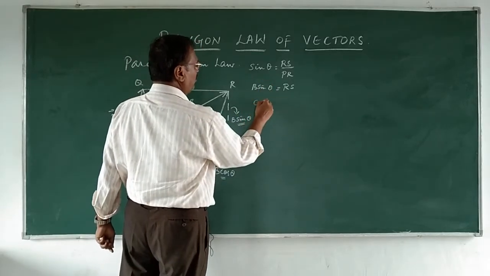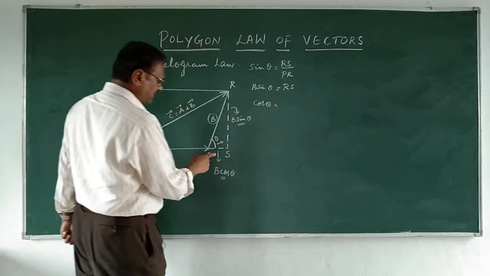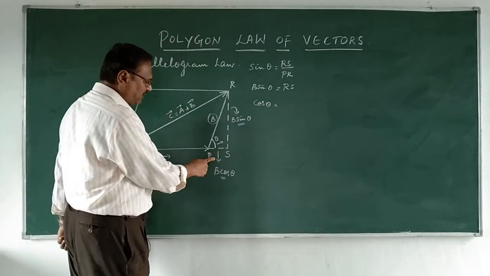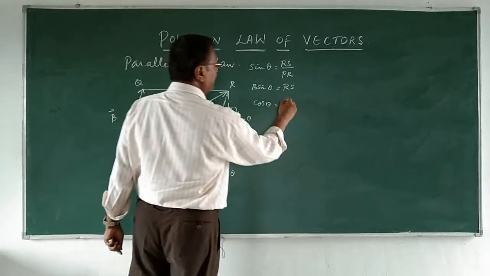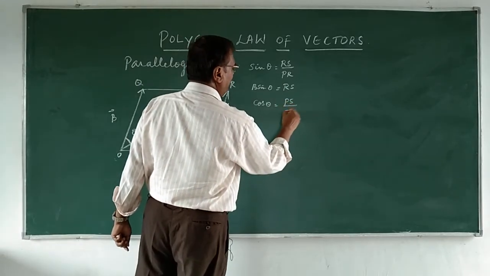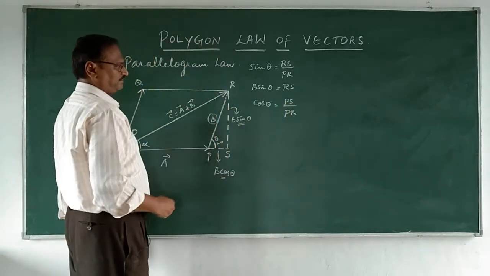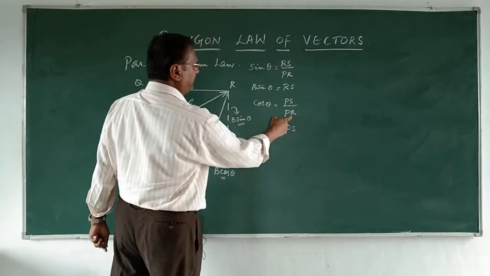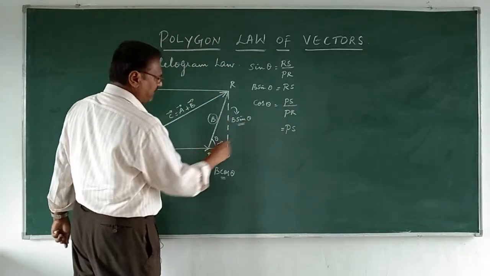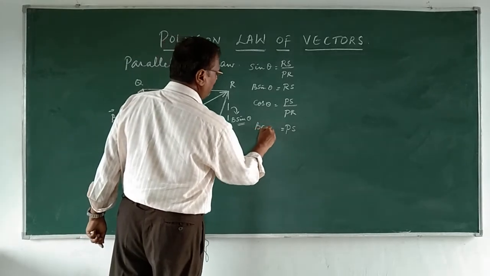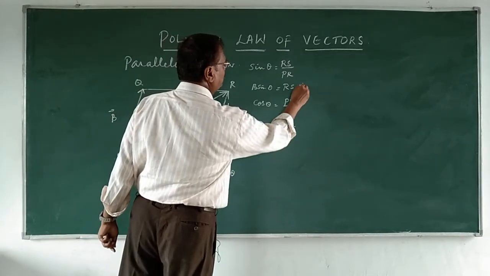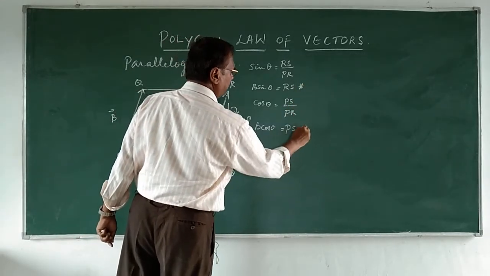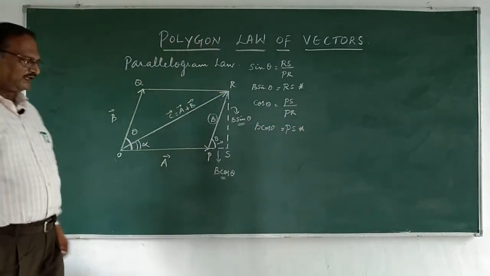Similarly, what is cos theta? Cos theta is adjacent side or base PS divided by hypotenuse, which is PR. So the base PS is equal to PR, and PR again is B. So B cos theta. These two values are very important for us now.